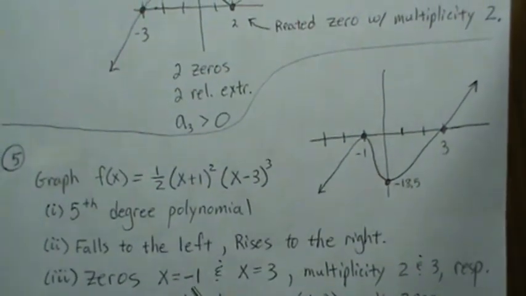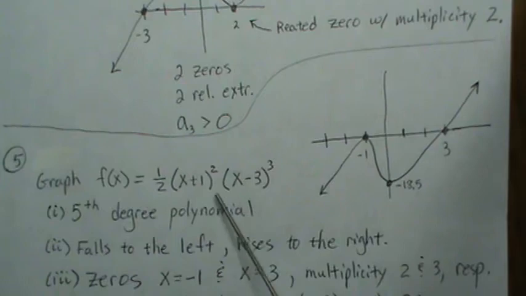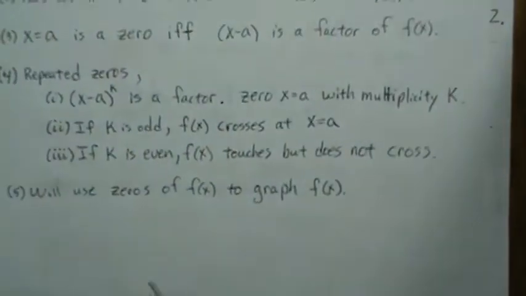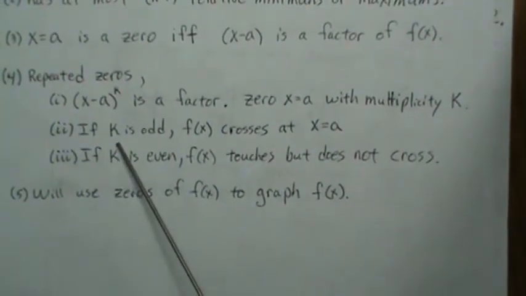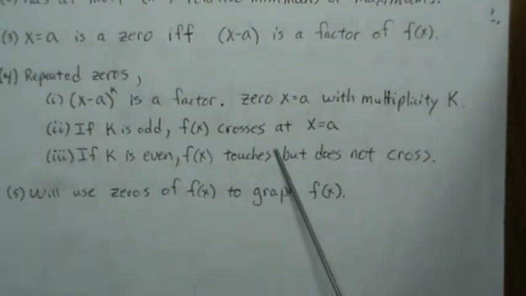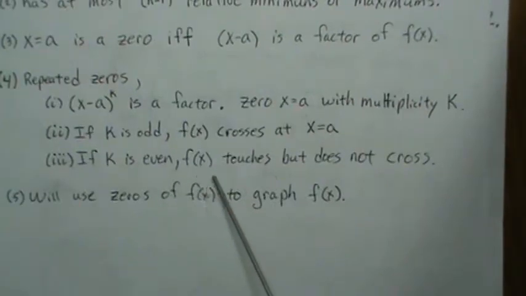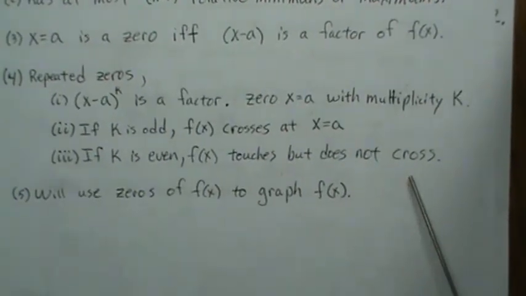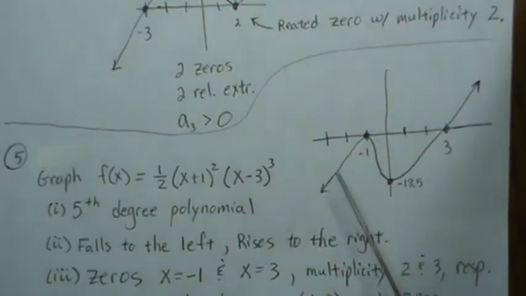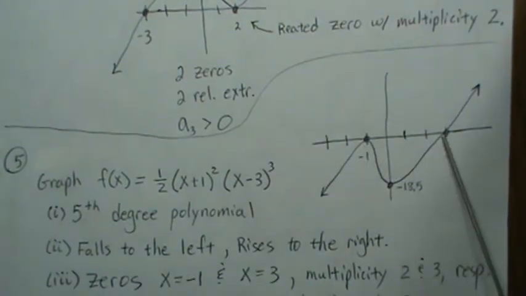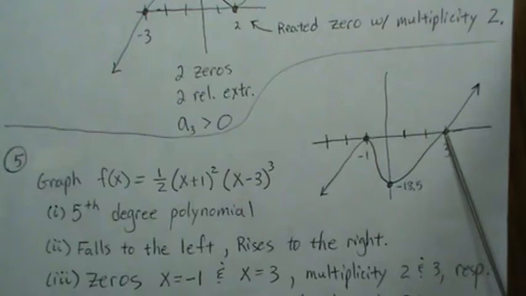Now these have a multiplicity, so this zero has a multiplicity 2 and this zero has a multiplicity 3. So if we look back at this, the multiplicity 3 is odd, so it crosses at that zero. And the even multiplicity says it touches it but does not cross. So at this zero it touches it but doesn't cross, and at this zero it crosses it.